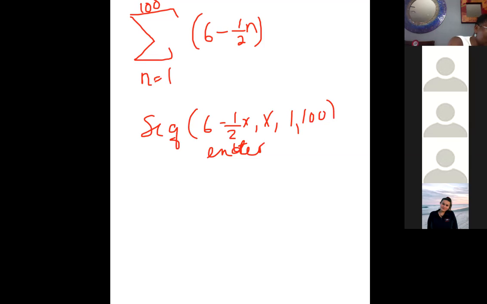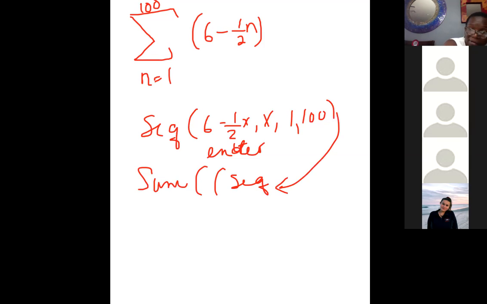Now, if we wanted to do the sum, what you would do is go ahead and look for the sum formula. And if you look for the sum formula, guys, one way to do it is to actually go back and type in the sequence in here, okay? You know, take this, plug it in right there. But another way to do it is to actually go to the sum and then plug in the formula again.